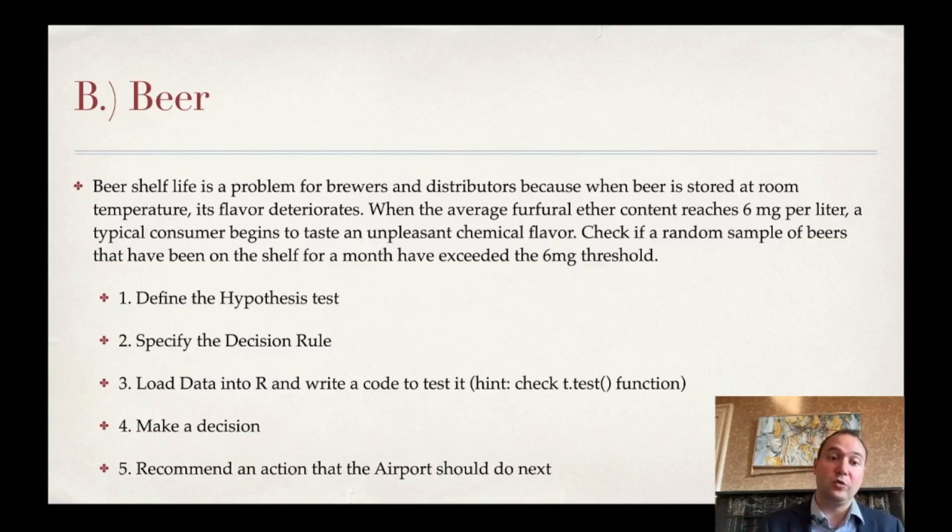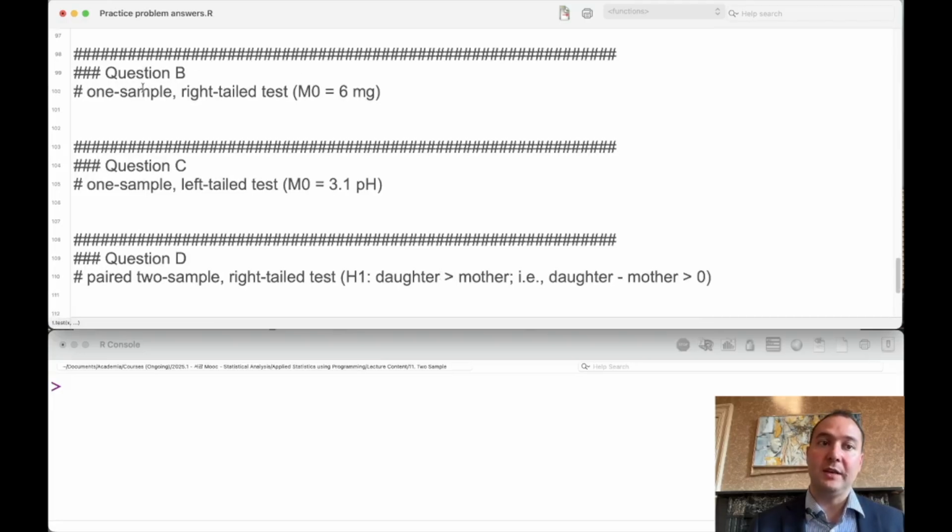What is our decision rule? How would we analyze this? Okay, so question B, we're looking at a one sample test, a right-tailed test, and our mu0 is 6 milligrams. In other words, we want to know, do we have more than 6 milligrams in our beer? If so, that would be a problem.